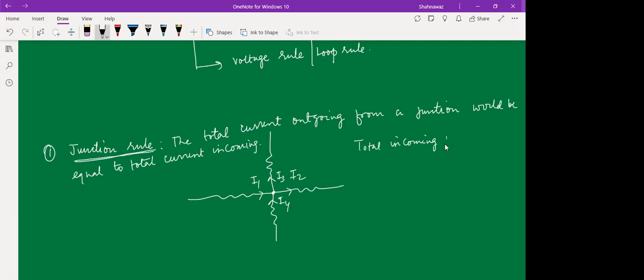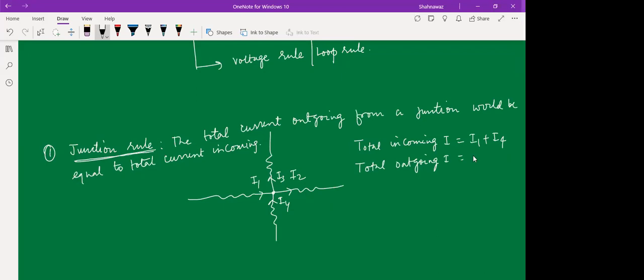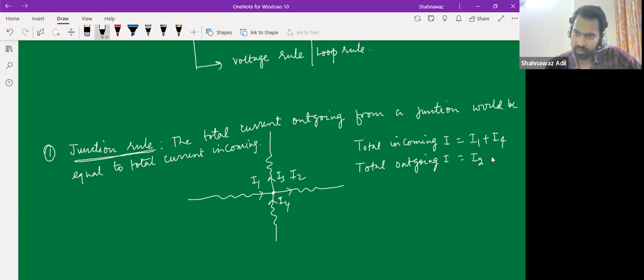I1 plus I4. This is the total incoming current. And what is the total outgoing current? Yes, I3 plus I2. Right.